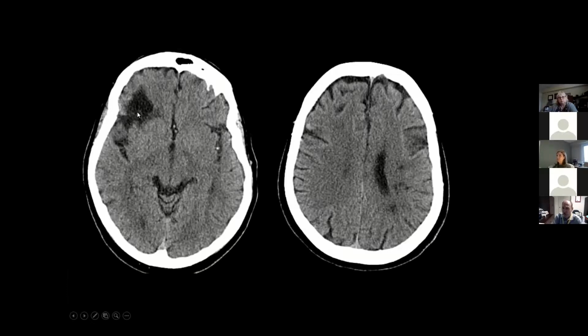Now, you may ask, well, that's a pretty big stroke. Why didn't she actually know? People can have a stroke in the right hemisphere, and it may not be obvious for two reasons. One, it's not going to involve language the way it would if this was on the other side, where this would have involved her speech, and she would have become aphasic. Now, we use both hemispheres to communicate.